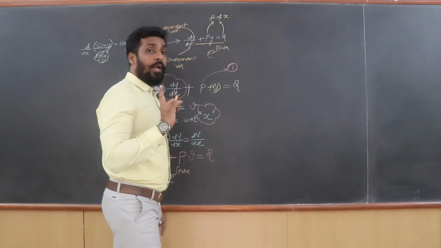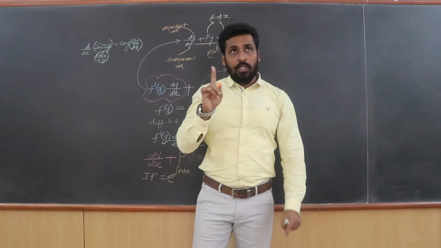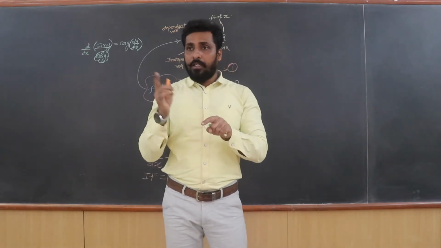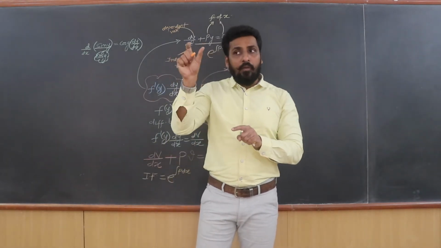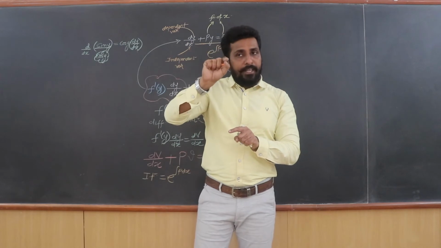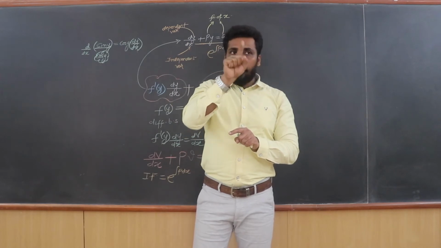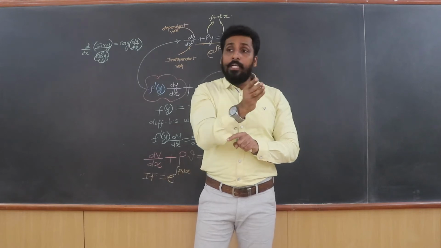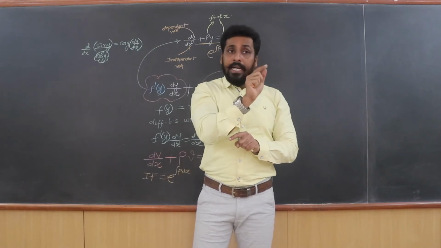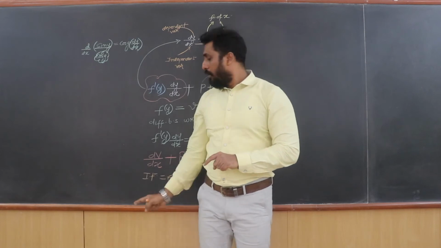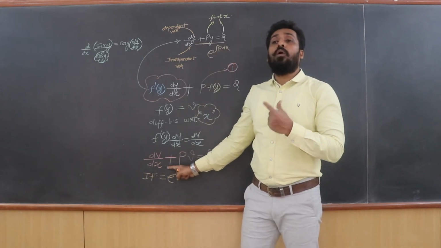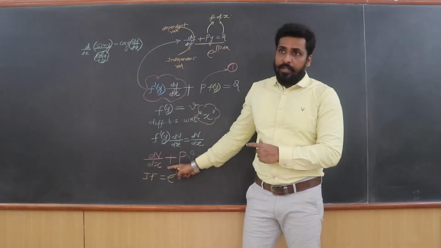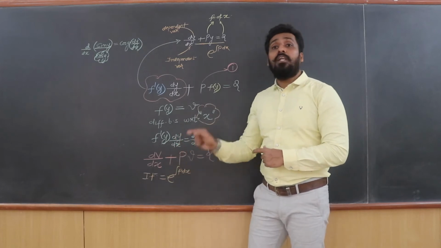Further, if I now want to write the solution, recall the formula. It was the dependent variable into the integrating factor is equal to integration of the right hand side, q here, into the integrating factor, and then d of the independent variable. In dv by dx, who is our dependent and who is our independent variable? The dependent variable is v.